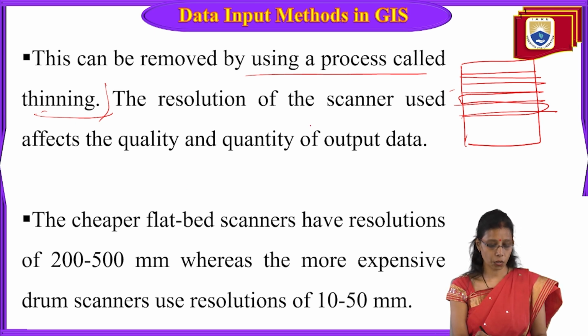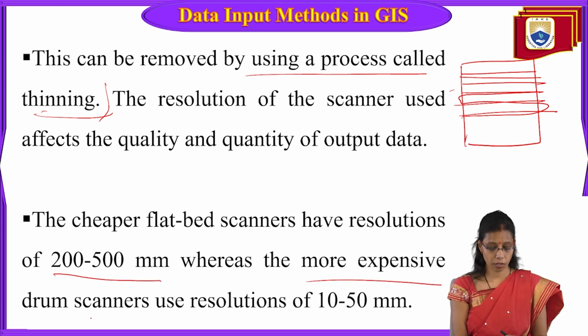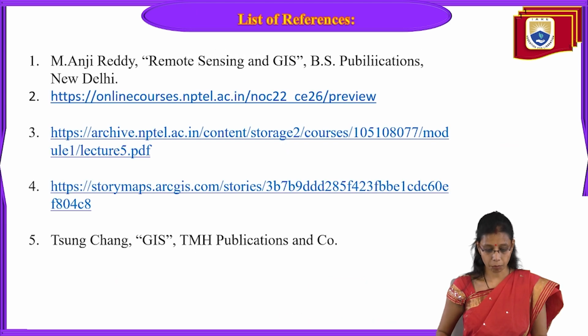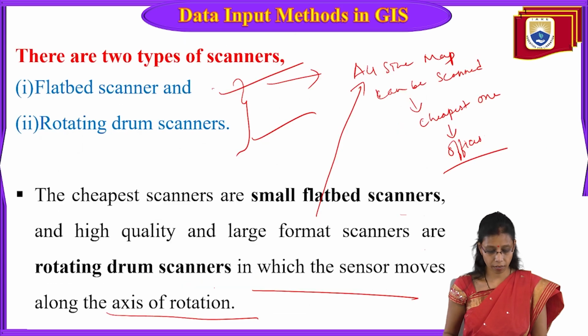And the resolution of the scanner used affects the quality and quantity of the output data. The cheaper flatbed scanners have resolutions of 200 to 500 whereas the more expensive drum scanners use resolutions of 10 to 50. Rotating drum scanner is the scanner we have not yet discussed.